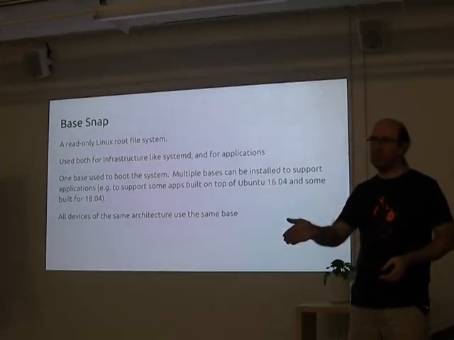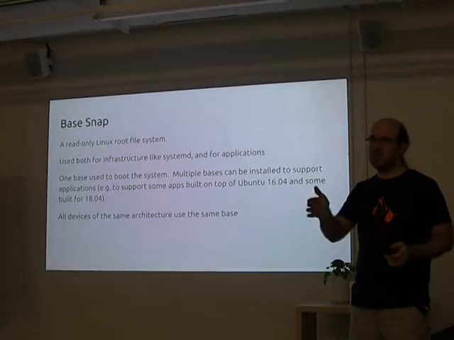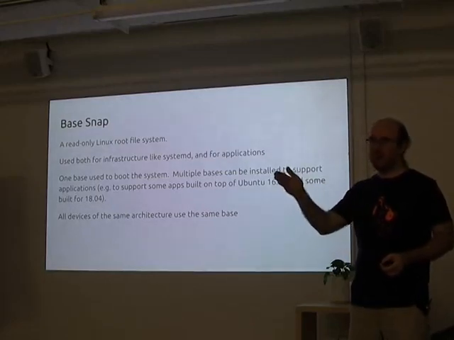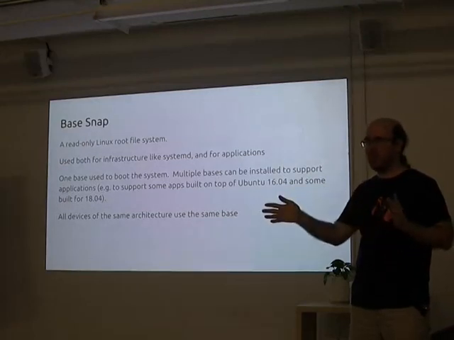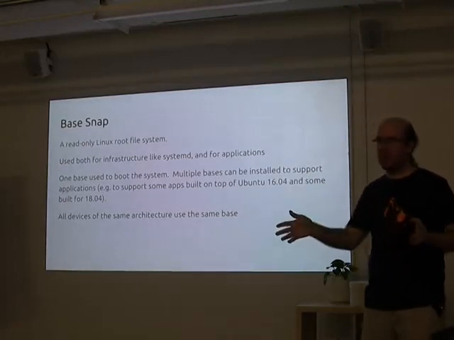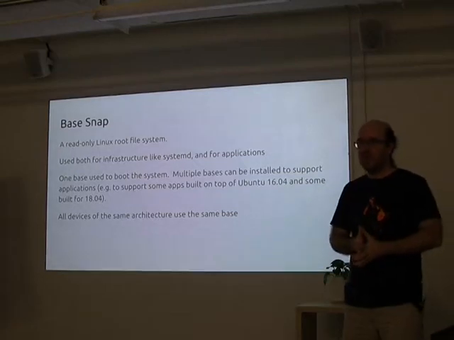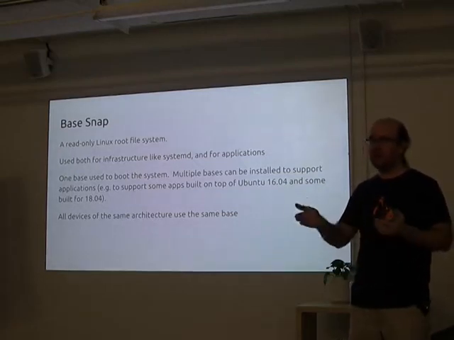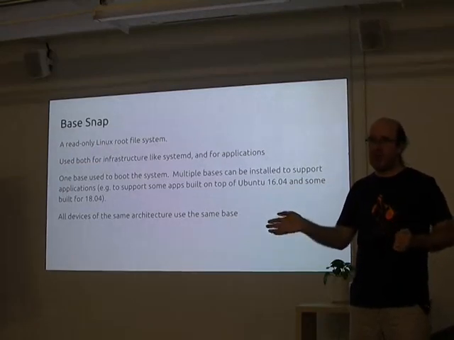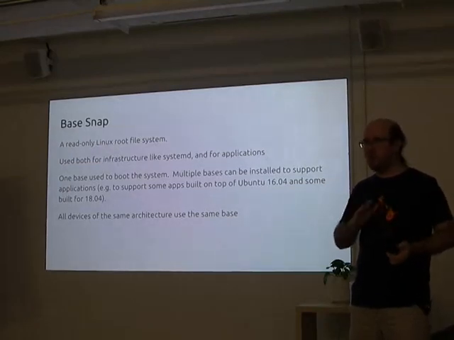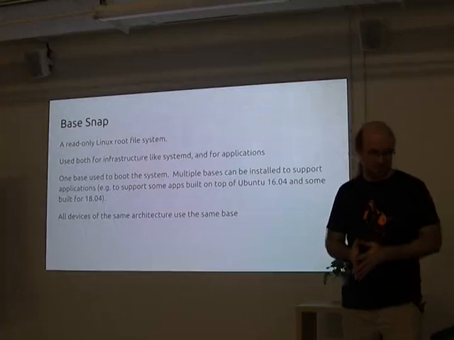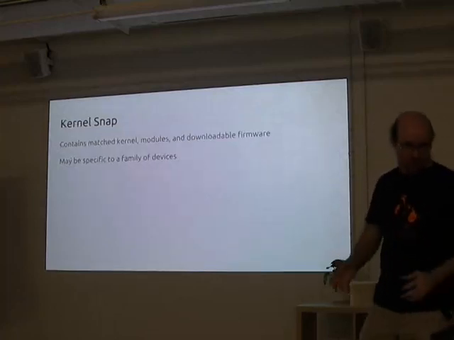I can have these two root file systems, base snaps, sitting on the system, and some applications might be running on one, and others running the older libraries. This is a way that we can make sure that applications continue to run, but at the same time not restrict the base system from moving forward.